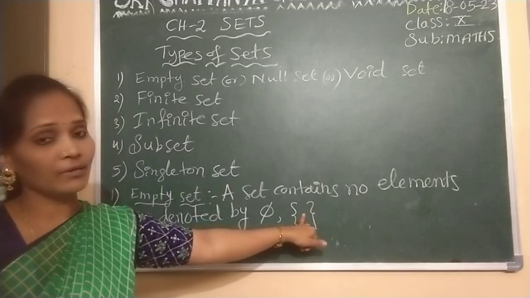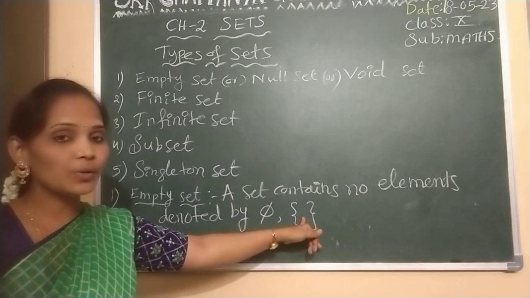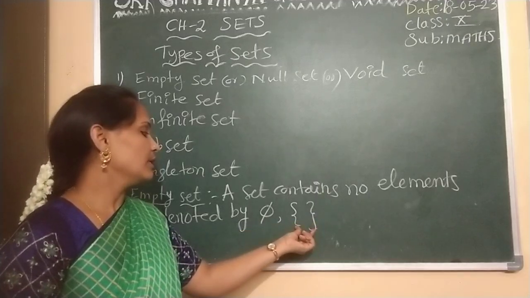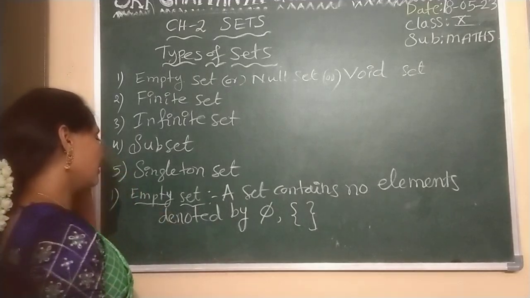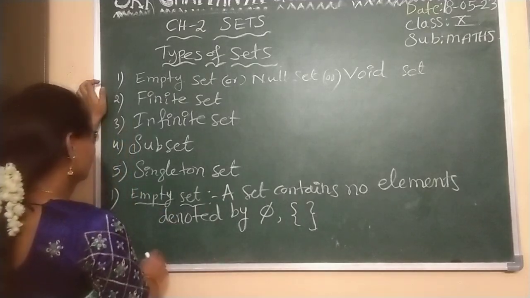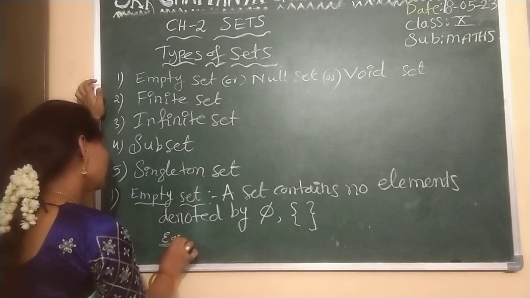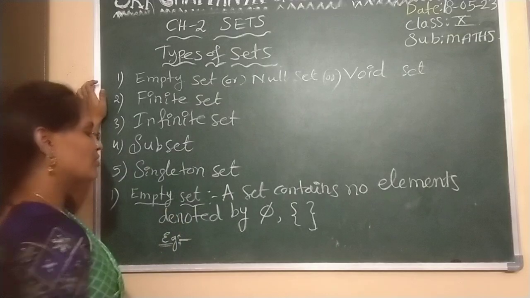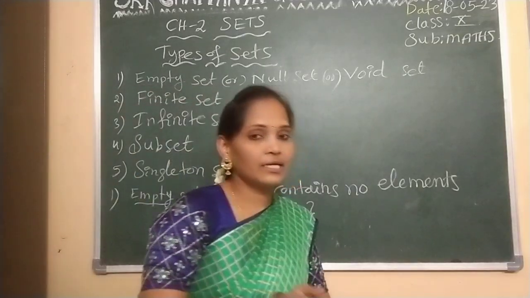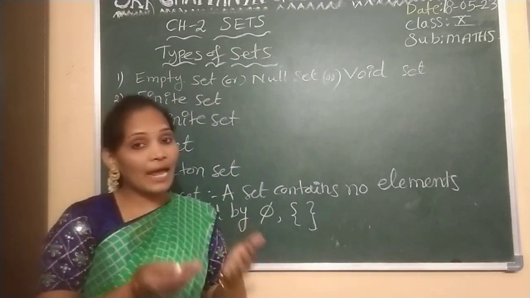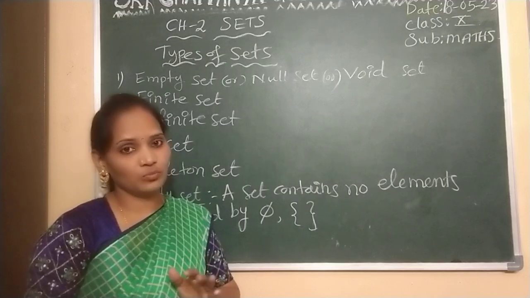Is there any element in this? There are no elements. That's why this is called empty set. Here is one live example for this empty set. Suppose a set contains prime numbers which are greater than 2.